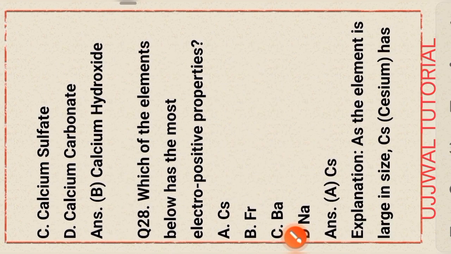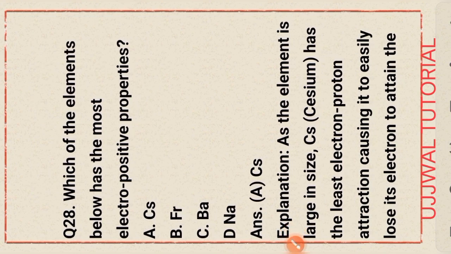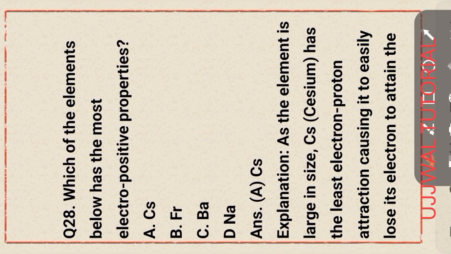Next question, question number 28. Which of the elements below has the most electropositive properties? That is Cs, cesium. That is, as the element is the largest in size.